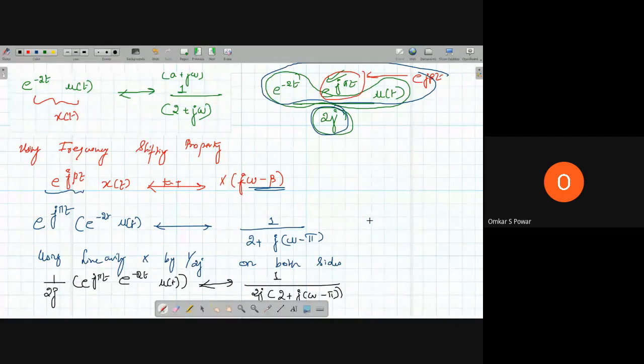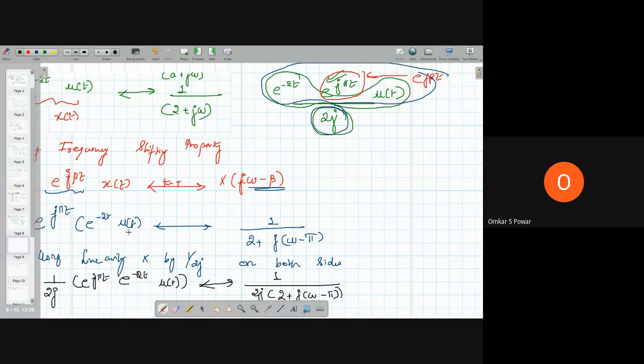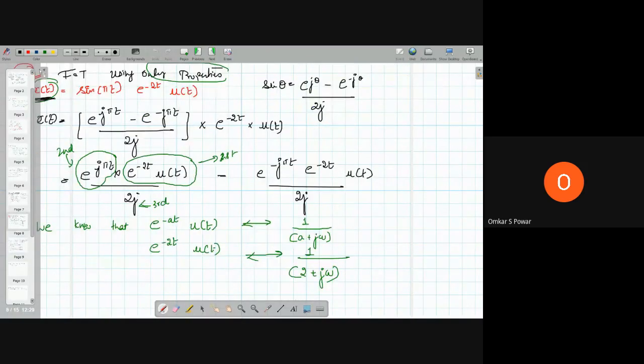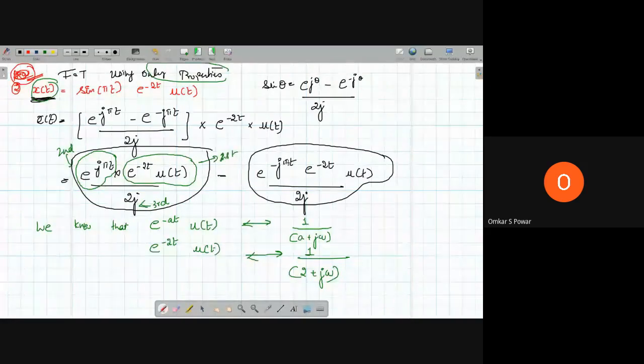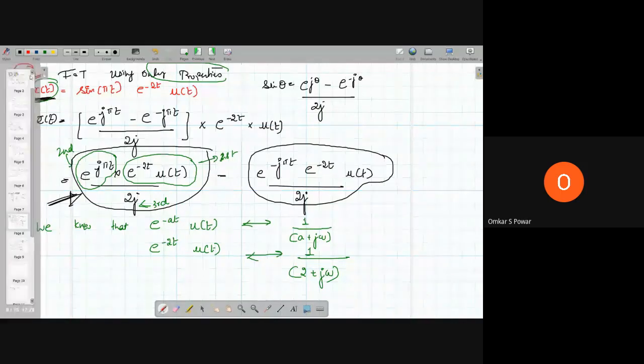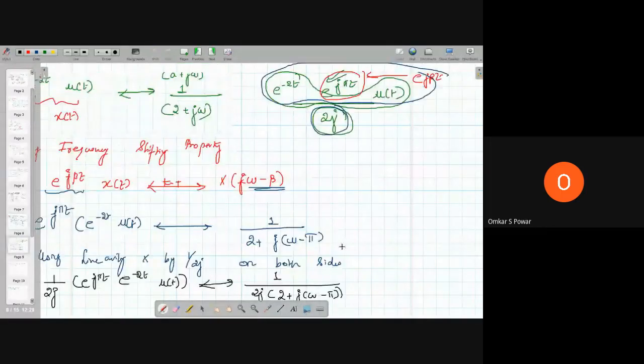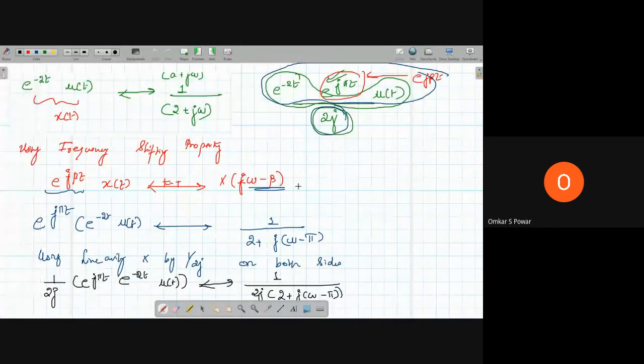But is the answer over? No. Why? If you go back to the question, I have solved only this term. Similarly, you can get the frequency domain for this term also by replacing pi by minus pi. So this is your left hand side term.